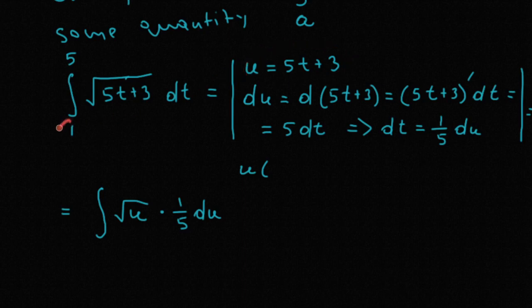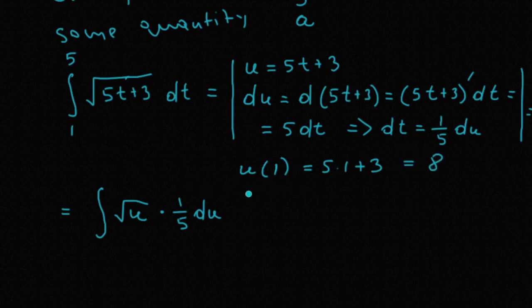So into this formula right here. The lower limit of the integral is 1, so t equals 1. I'm substituting t equals 1 into the formula for u, and we get the value of u when t is equal to 1 equals 5 times 1 plus 3. That of course is 8.